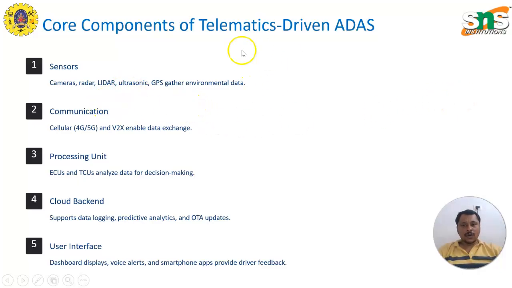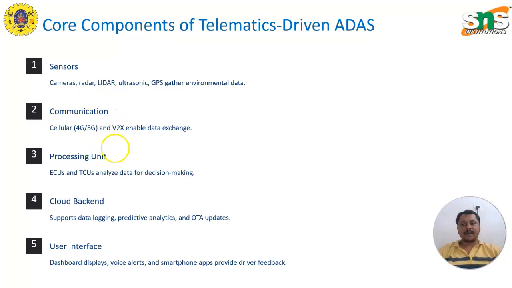So core components of the telematics include sensors, which are used to identify data from the environment. The sensors may be a camera, radar, lidar and ultrasonic sensors together with the GPS. Next is the communication, which is the key factor for telematics.